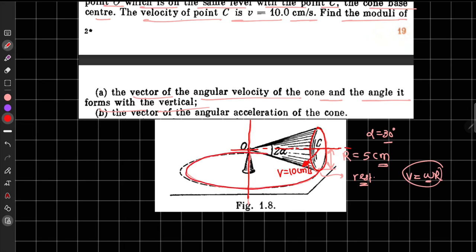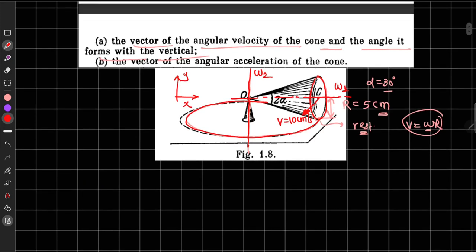Okay, so here let us say this is the x direction and this is the y direction. Let us say the angular velocity about this axis is omega 1 and the angular velocity about this axis is omega 2. So we can write the net angular velocity as omega 1 i cap plus omega 2 j cap.